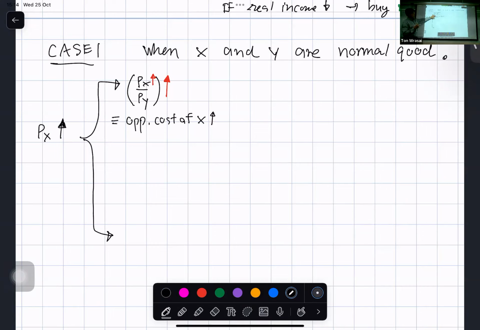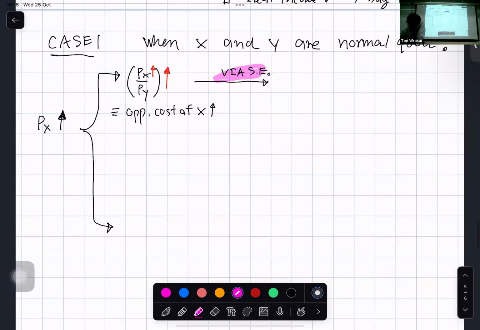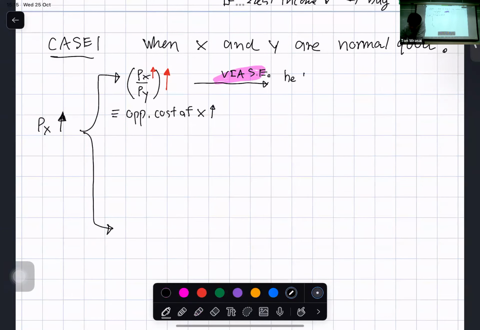When pizza becomes more expensive, via the substitution effect, he buys less of X and more of Y, via the substitution effect.